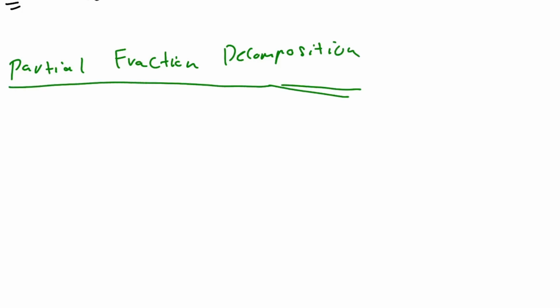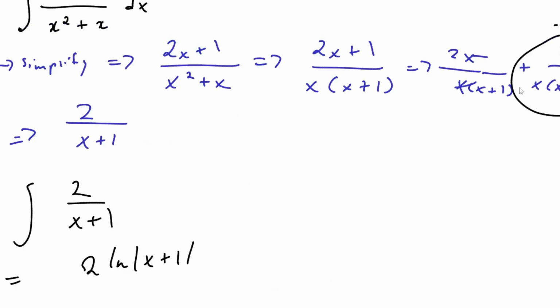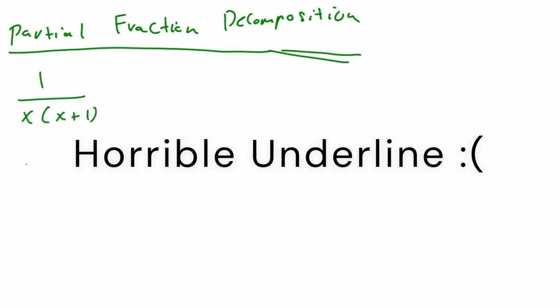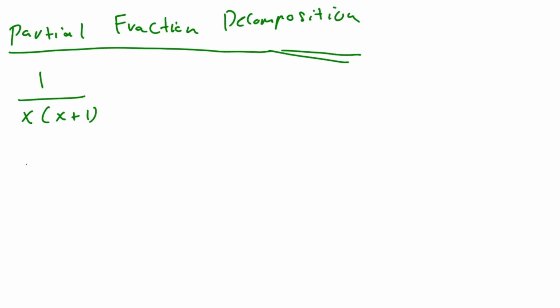All right, so let's do this. Here we have to integrate 1 over x(x plus 1). We can rewrite this in terms of A and B: A over x plus B over (x plus 1).